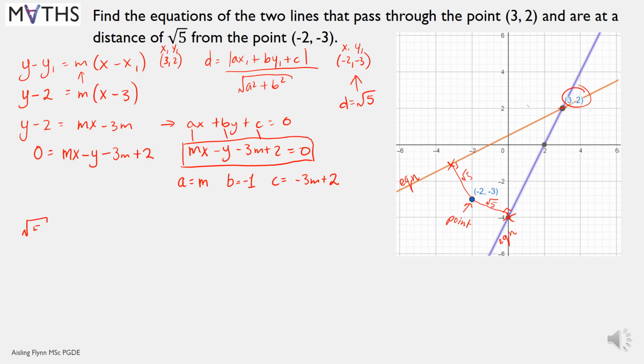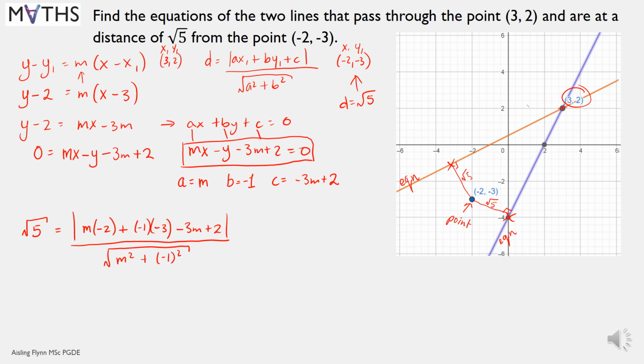So instead of d, I have root 5 equals the modulus of a, which is m, times x1, which is minus 2, plus b, which is minus 1, times y1, which is minus 3, and then c, which is minus 3m plus 2, and that all is to be divided by the square root of a squared, which is m squared, plus b squared, which is minus 1 squared.